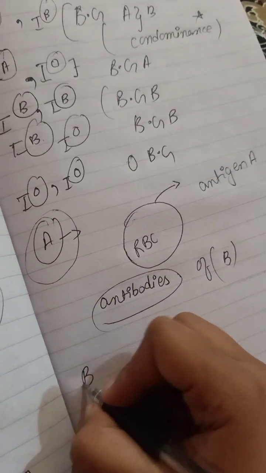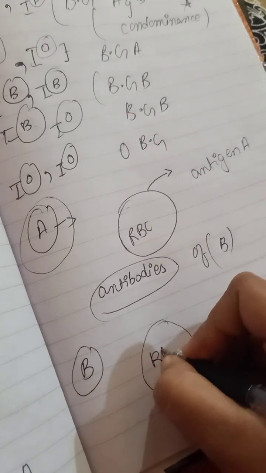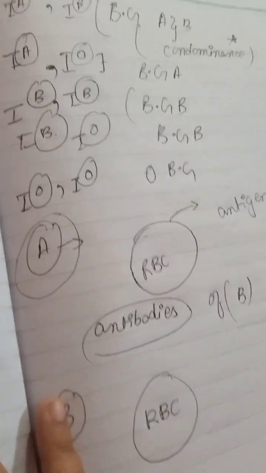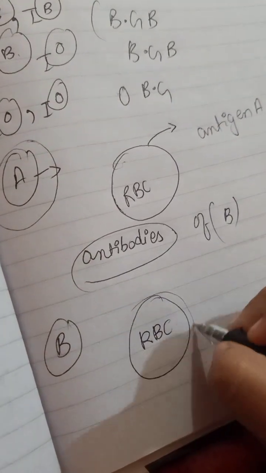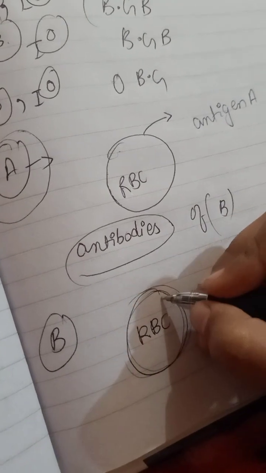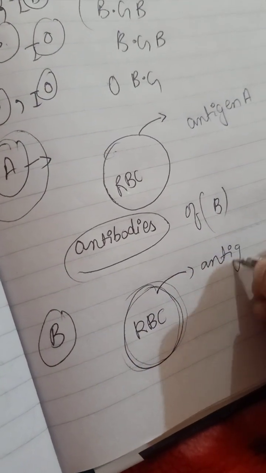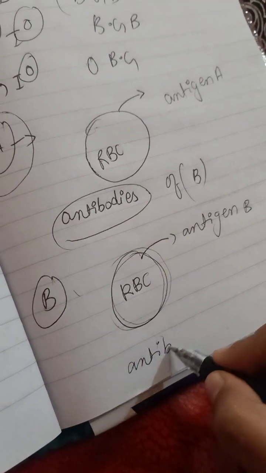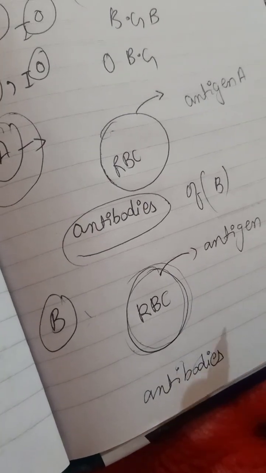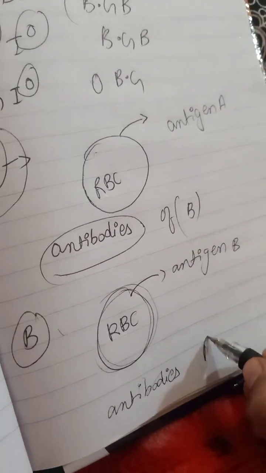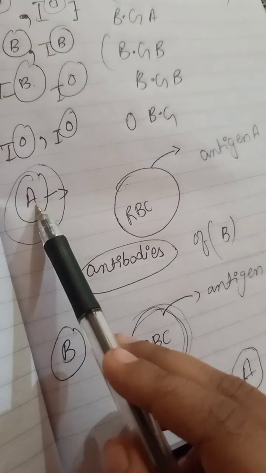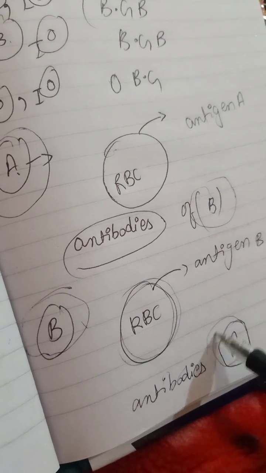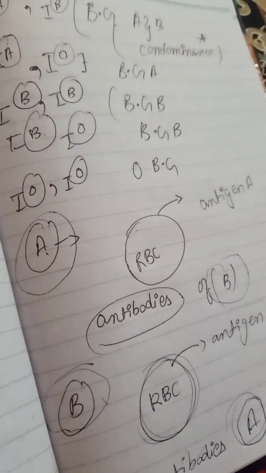If the blood group is B, the RBC has antigen B, and it will make antibodies against A. As you all know, blood group A has antibodies of B, and blood group B has antibodies of A. The opposite antibody is made.